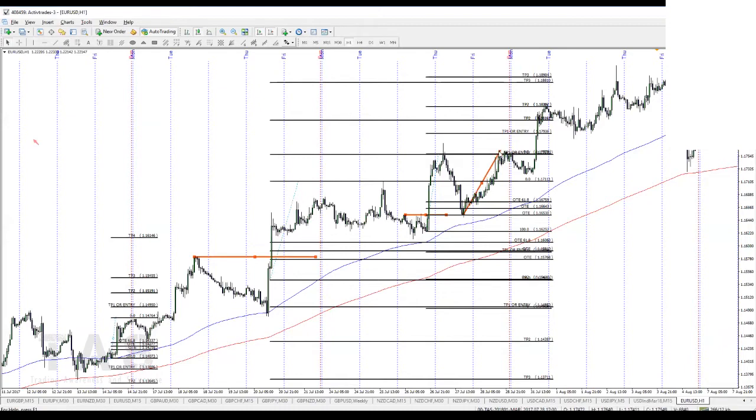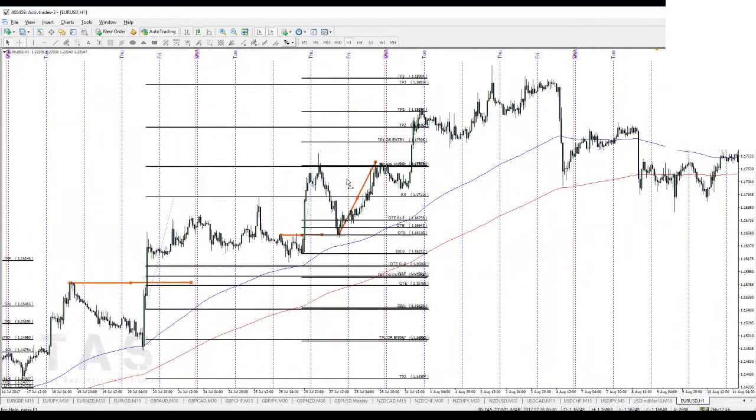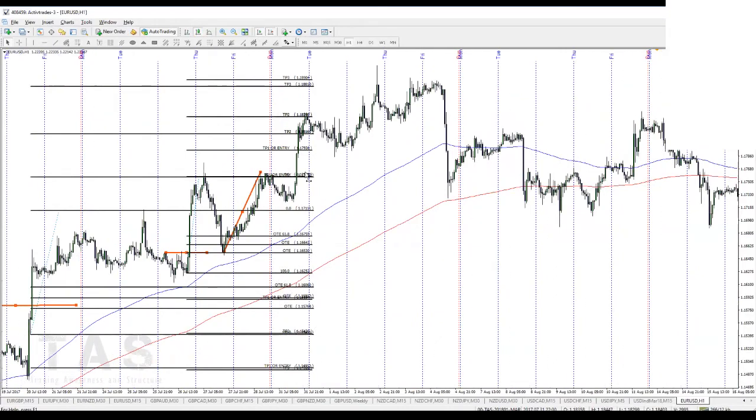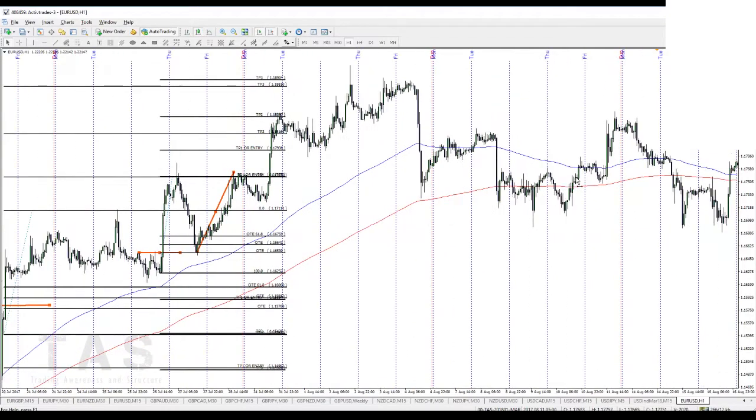It's better to close Friday at the end of London because it's going to usually retrace. So it's better not to be in the market until the close of London on Friday. Now here it's going, you wouldn't trade here.